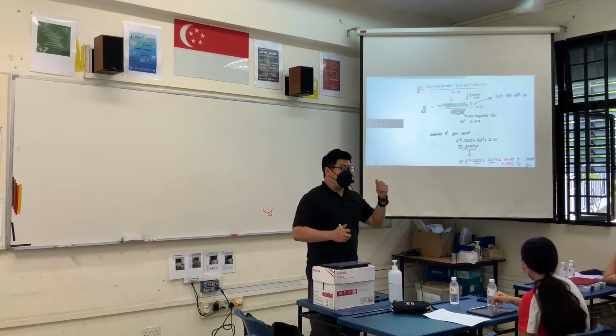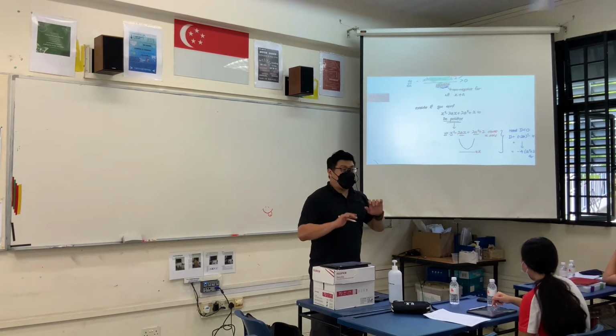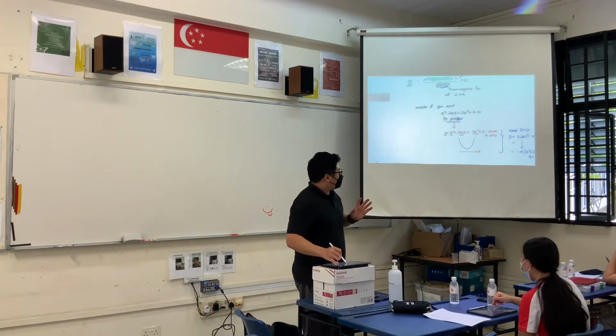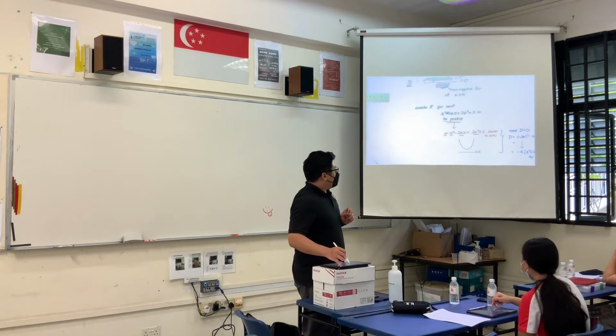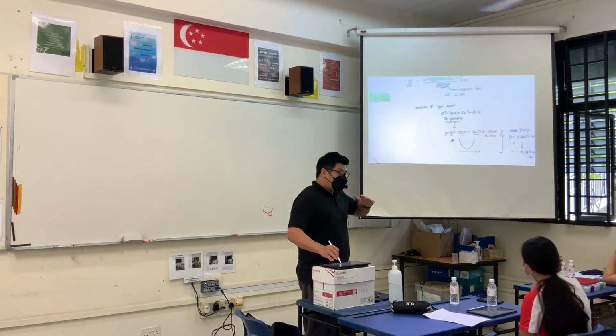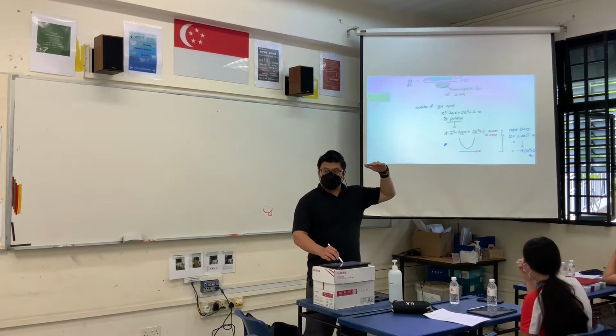Just say it to yourself 5 times. What does it mean? Let me repackage my question: being positive means that, if I treat this as my function, I want it to be above the x-axis. Can I say that?